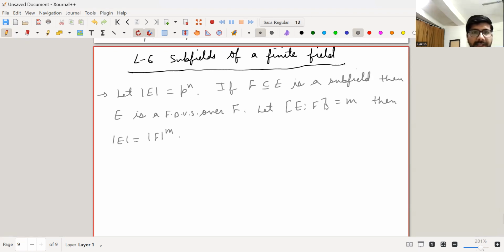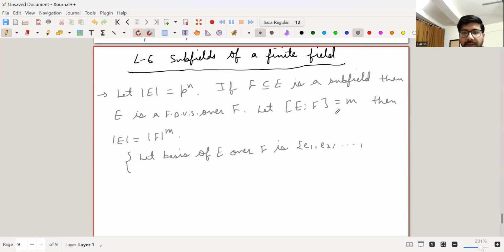Now each element of E can be written as a linear sum of m many basis elements. And what are the possibilities? Let's say the basis of E over F is e1, e2, and so on to em.